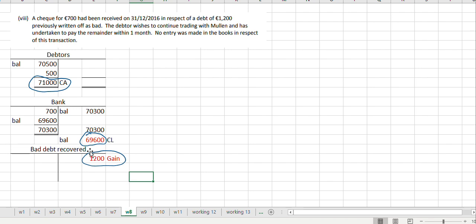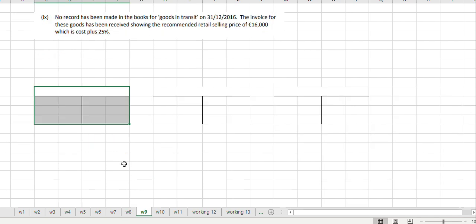Okay, nearly there now, 2 more to go. So working number 9. No record had been made in the books for goods in transit. The invoice for these goods had been received showing the recommended retail selling price of 16,000, which is cost plus 25%. So first of all, we have to work out what the cost price was.